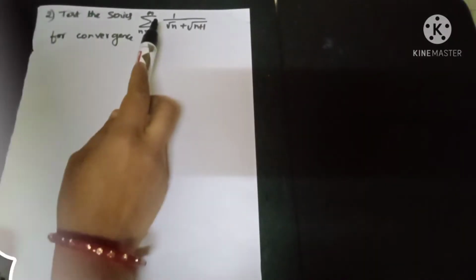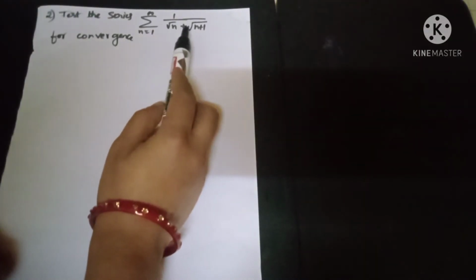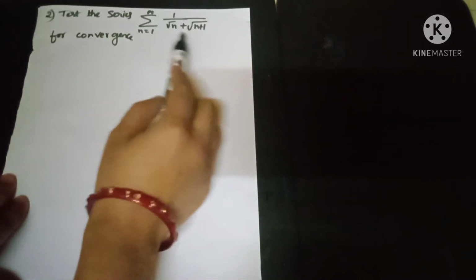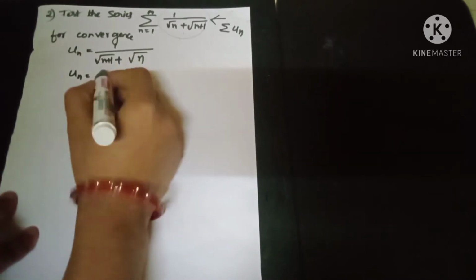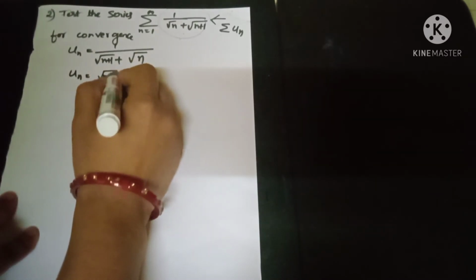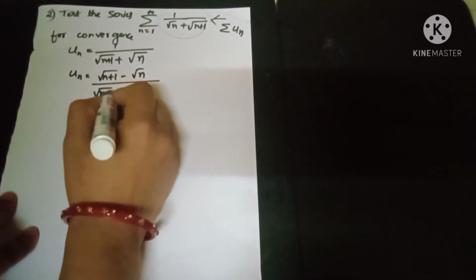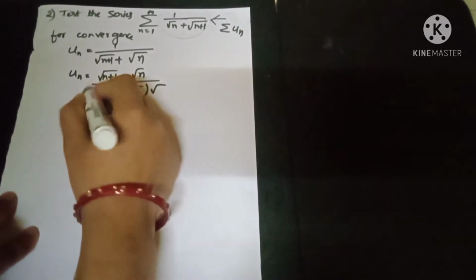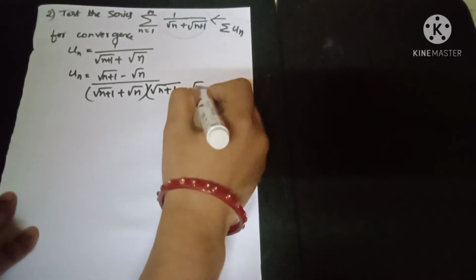Now the series sigma n is equal to 1 to infinity 1 upon root n plus 1 for convergence. Here the un is itself given, and multiply and divide it by root n plus 1 minus root n, root n plus 1 plus root n as it is, root n plus 1 minus root n.